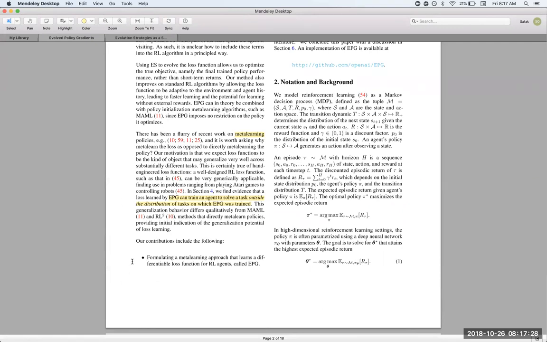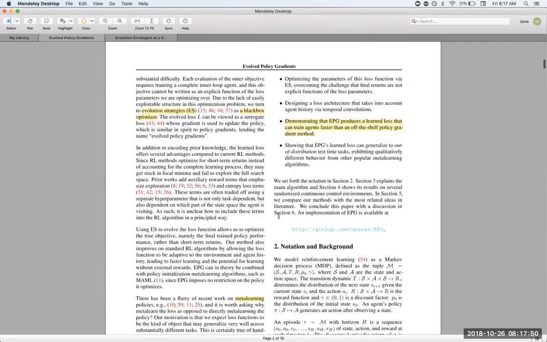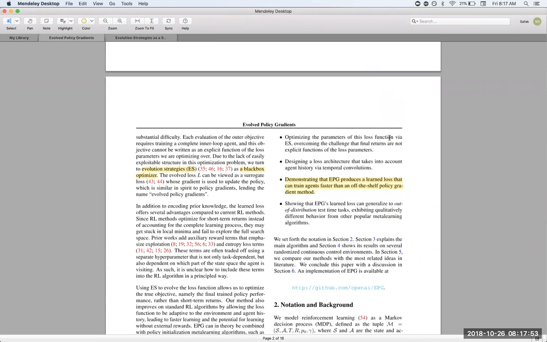So this is the main contribution of the evolved policy gradient method. The basic concept is this meta-learning approach learns a differentiable loss function for the reinforcement learning agent, optimizing the parameters of the loss function via evolution strategies, which overcomes the challenge that final returns are not explicit functions of loss parameters.